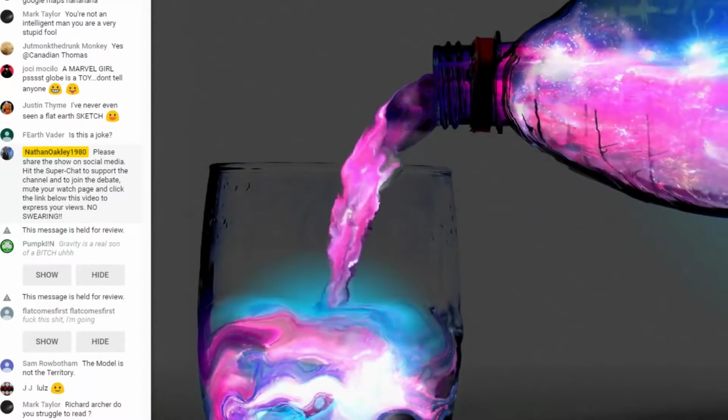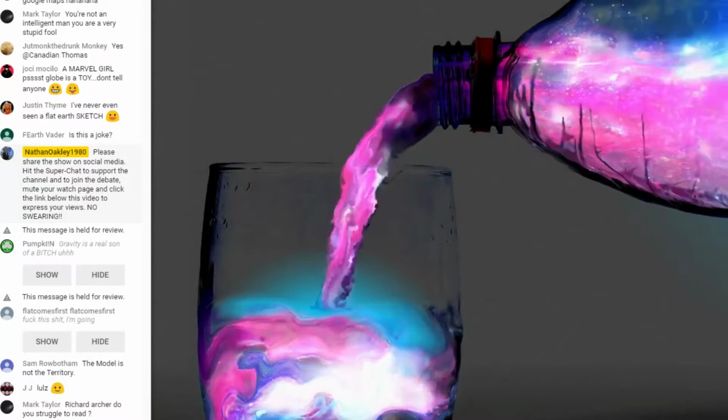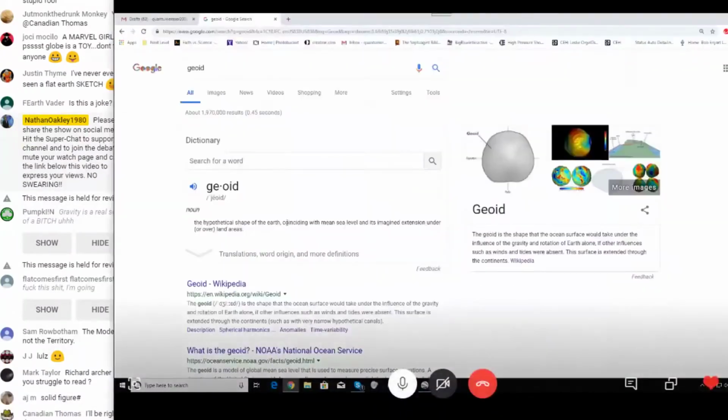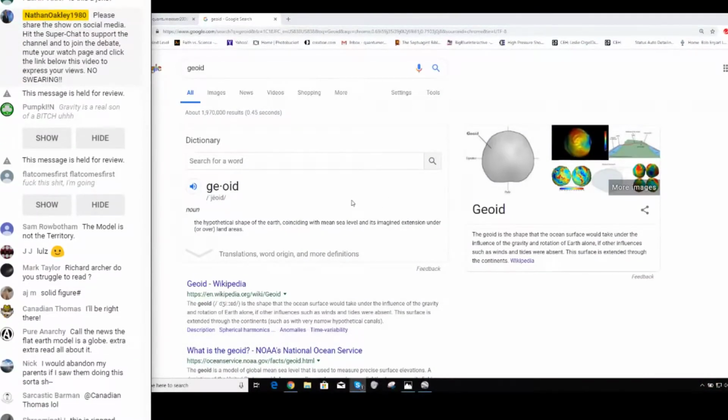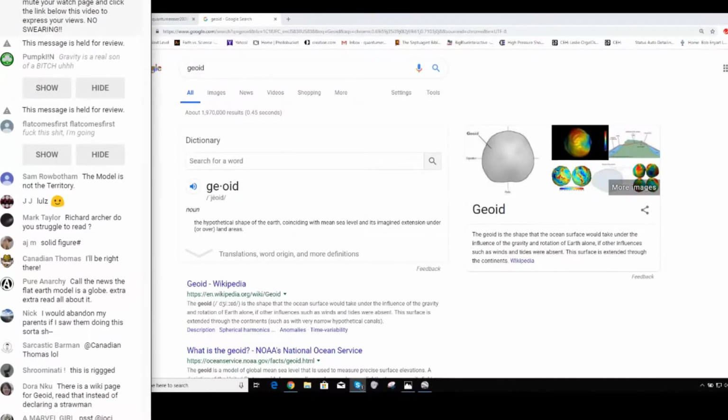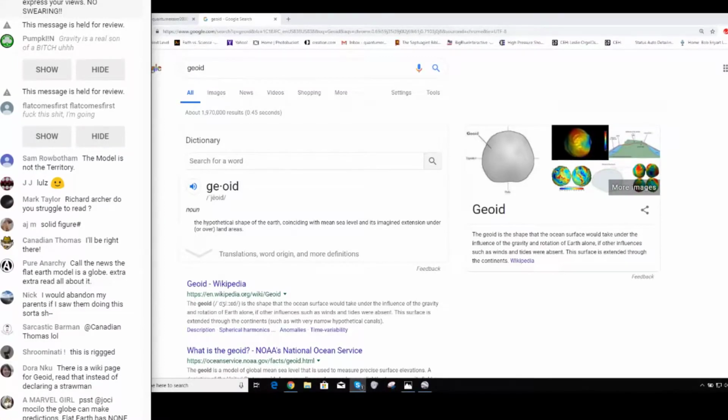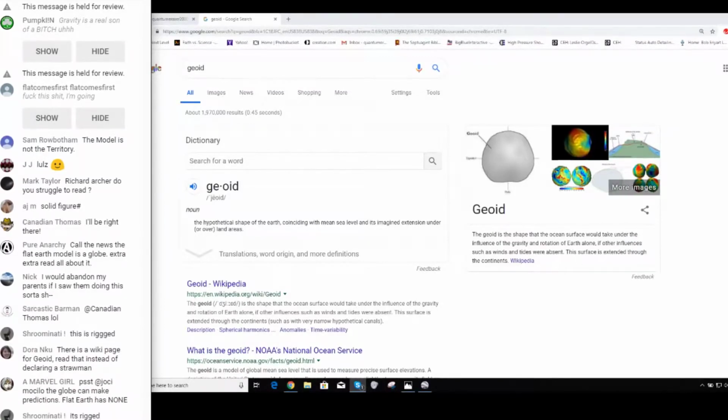I just pulled up the definition for geoid. It has the hypothetical shape of the Earth. I can stop right here. Not playing anymore. Well, explain the begging the question part of it. John, please. I've got your screen presented, John. Can you explain why?